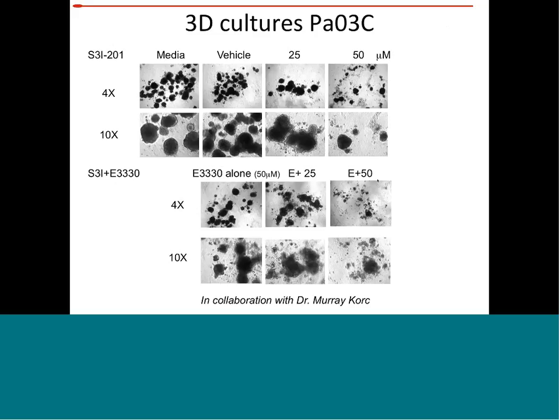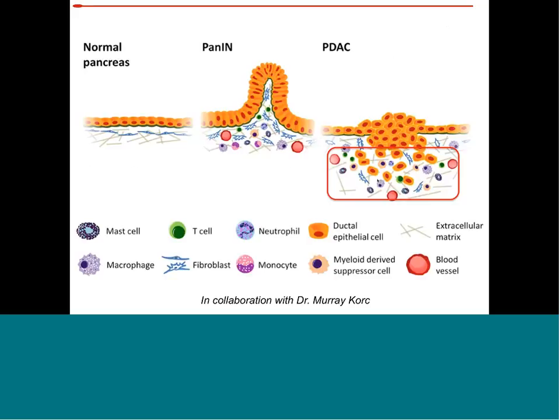Okay, so the next couple of slides are going to be looking at some of the important cells that are supporting that tumor. This is especially important, as I mentioned earlier, in pancreatic cancer, because the extensive fibrosis that surrounds that tumor makes it very difficult to get the chemotherapy into the tumor.